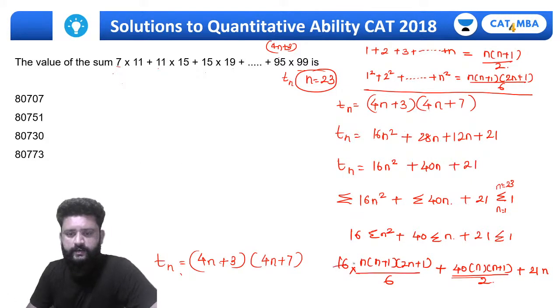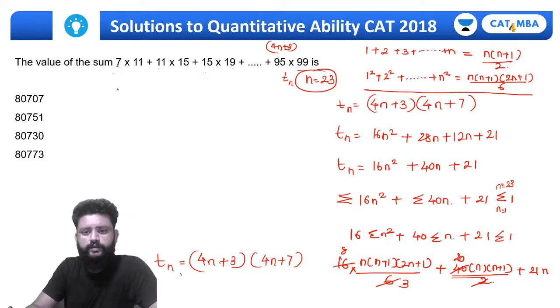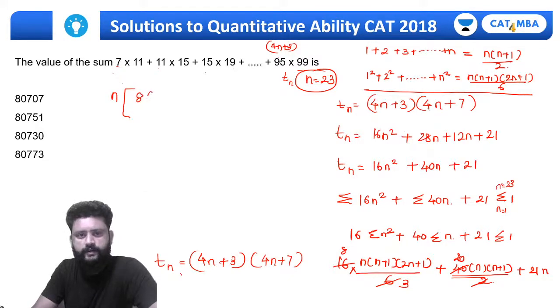What I can see here is that 8 will be 3 20. So I can take n common first, n in bracket 8 into n plus 1 into 2n plus 1 divided by 3, plus 20 into n plus 1, plus 21n.